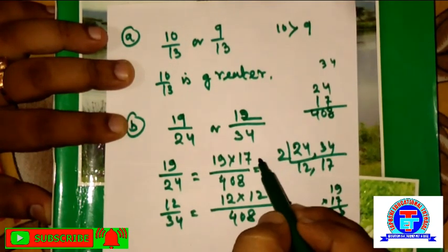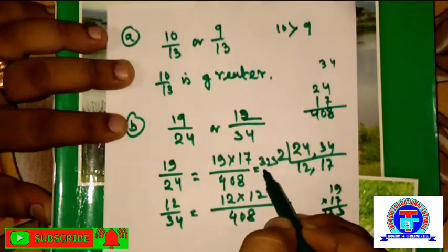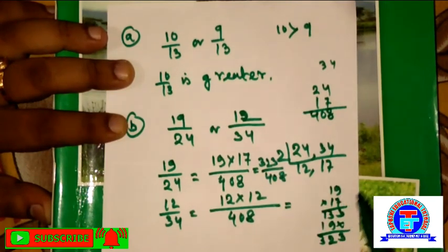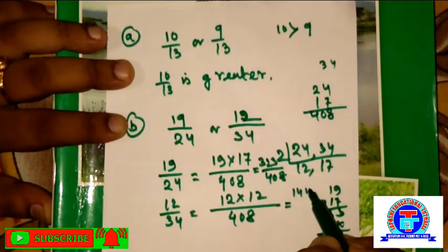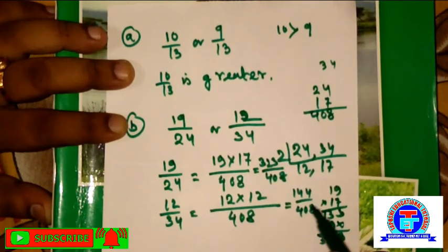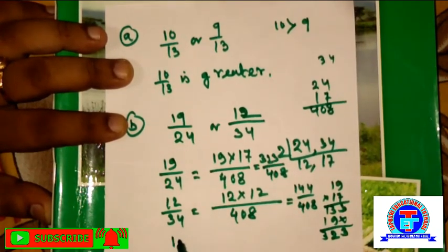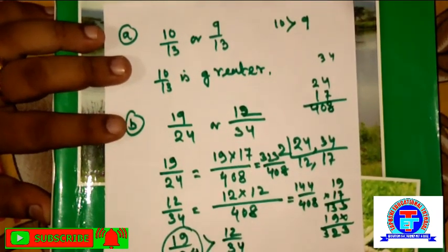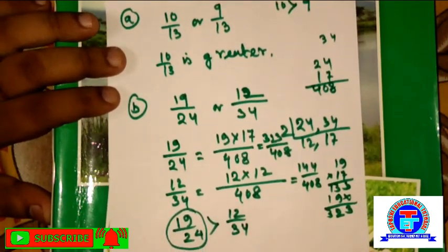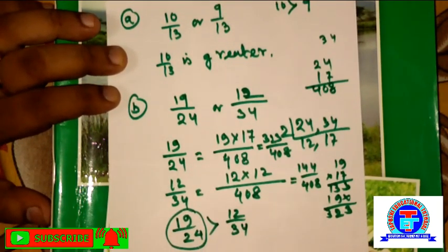So it will become 323 by 408 and this one 144 by 408. So which one is greater? I hope this one is greater. So we write 19 by 24 greater than 12 by 34, right? So this one is greater. Okay, I hope you easily understand this method.